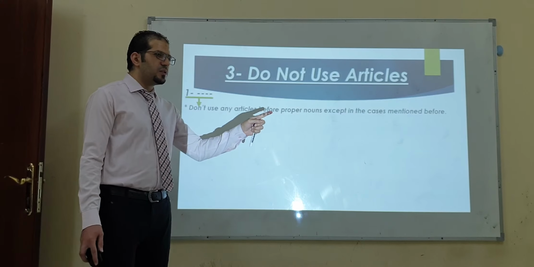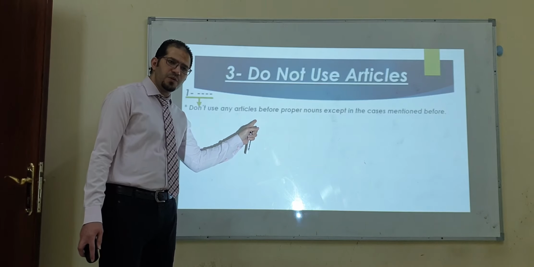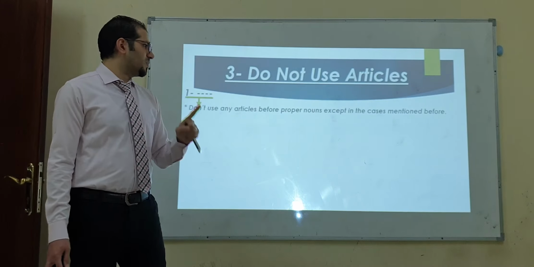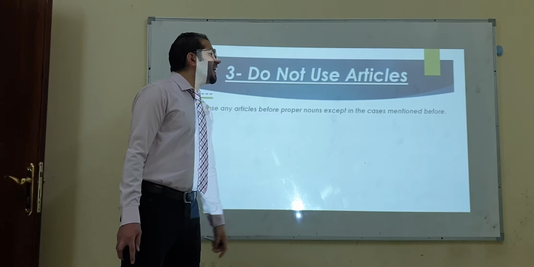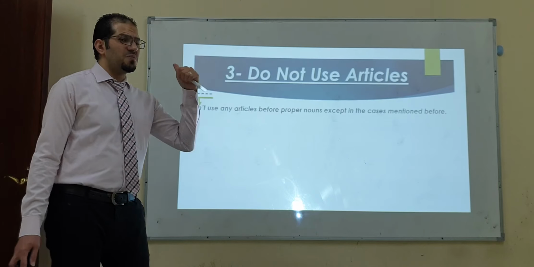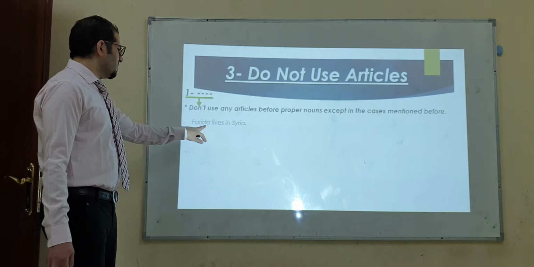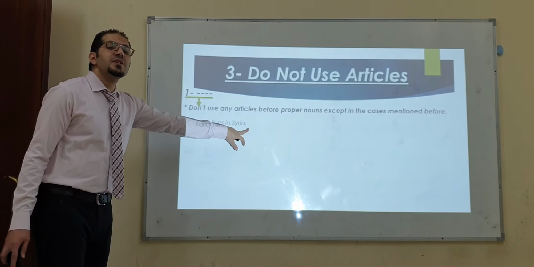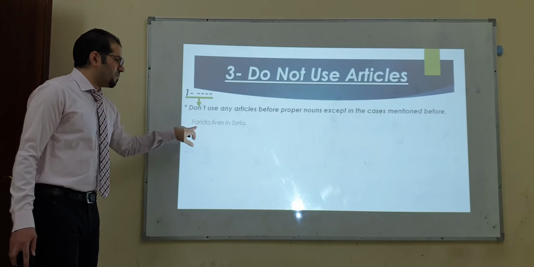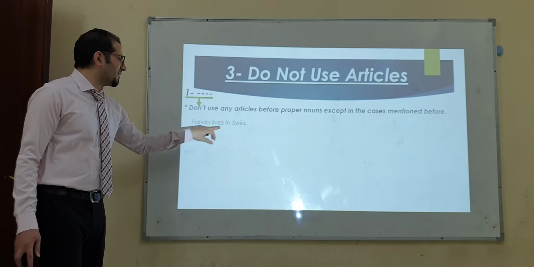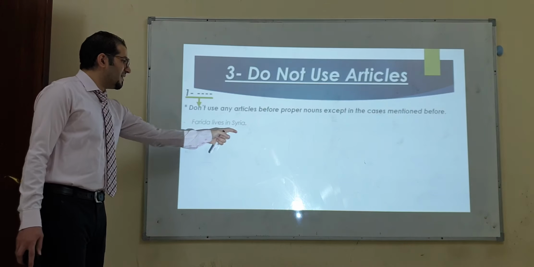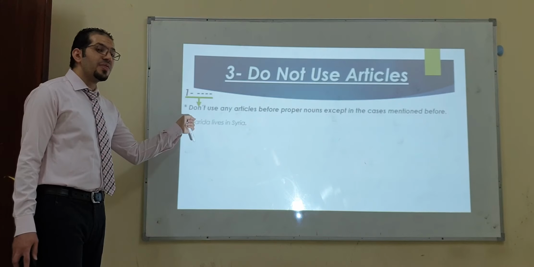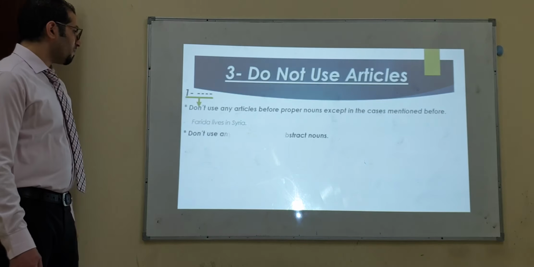Mister, you have said the comes before proper nouns. Yes, as I told you, some proper nouns. Here, the proper noun that we didn't mention before. Like what? Here is a proper noun, Farida lives in Syria. Proper nouns without articles here, Farida and Syria. Not the one that we mentioned before.